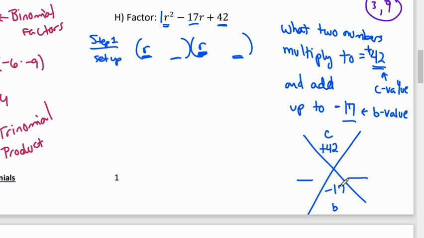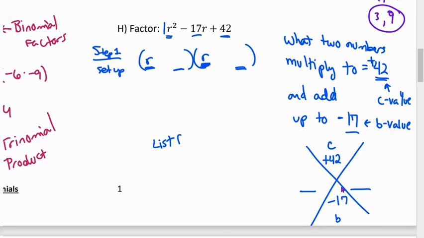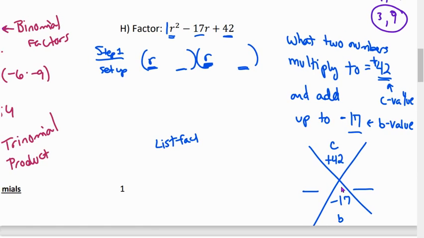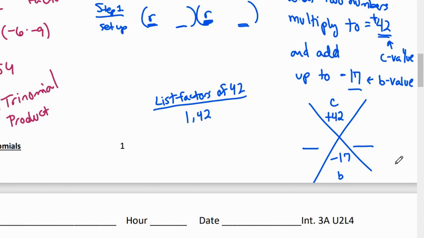So we may have to make a list. So if you list your factors of 42, that might be helpful, starting with 1 and 42. So if you can't think of your two numbers, plan B, make a list. Then go to 2. Can you divide 42 by 2?